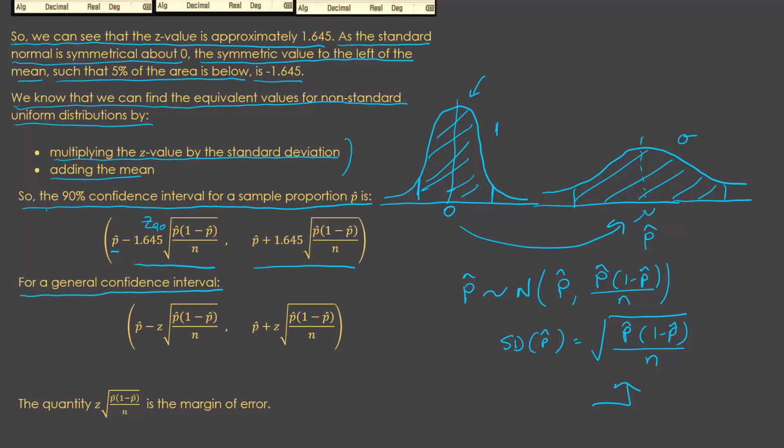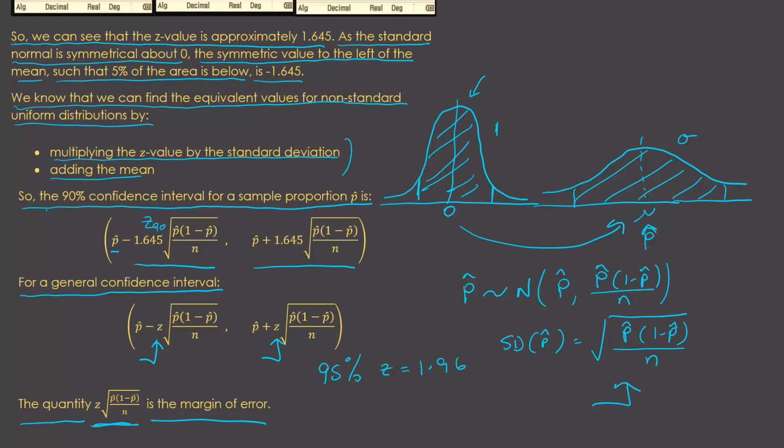For a general confidence interval, we just need to find the appropriate value of Z for that confidence. For example, we've seen before for a 95% confidence interval that the Z value is 1.96. The quantity Z times the standard deviation is the margin of error.